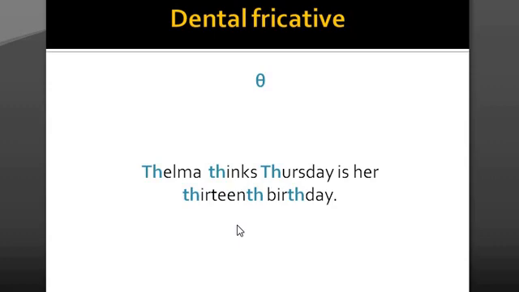Repeat after me. Thelma thinks Thursday is her 13th birthday. Again, Thelma thinks Thursday is her 13th birthday.